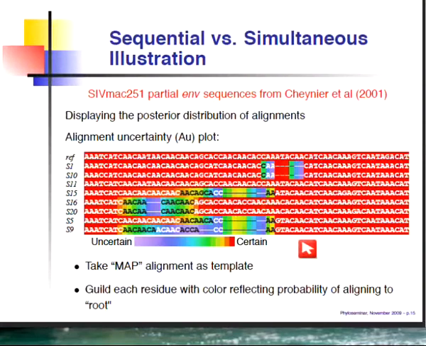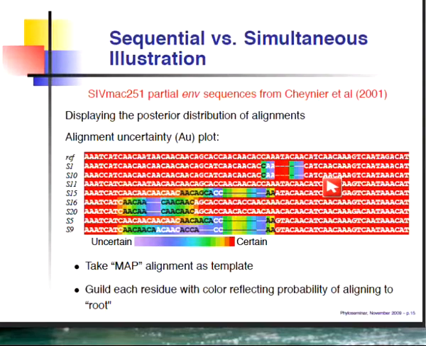So we might want to come up with a way of summarizing some of this uncertainty in the alignment itself, or at least in our low-dimensional projection of the alignment. So here is an alignment uncertainty, or gold plot, where what we've done is taken an estimate of a very probable alignment and then gilded each of the characters in this alignment with a probability statement that says that this character aligns to something at the mythical root of the tree.